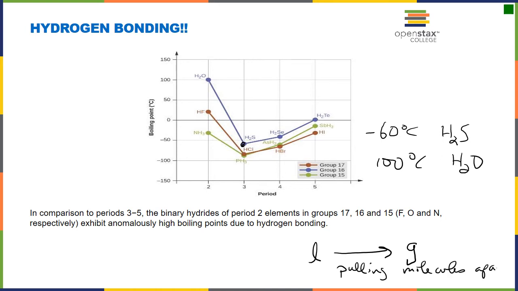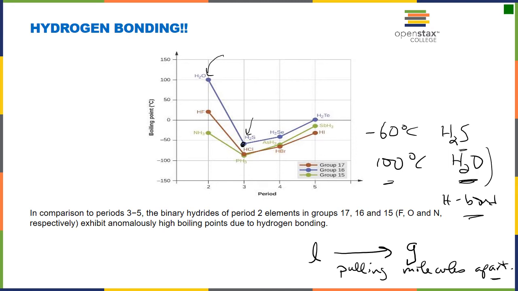As we pull these molecules apart, we're going to have to add a lot more energy because when we go from H2S to H2O, this is much more strongly stuck together. H2O, hydrogen bond, and we can see how strong this effect is by looking at our boiling point.